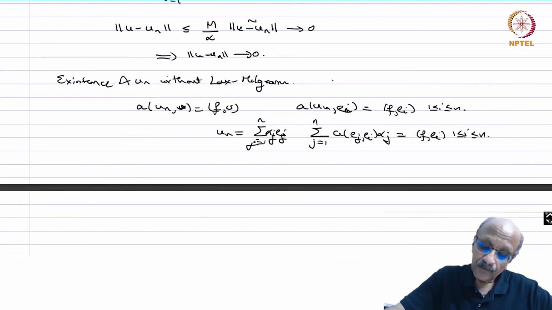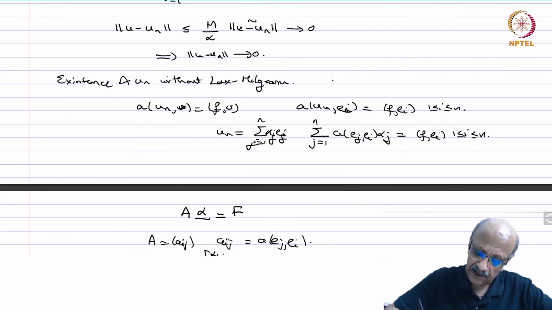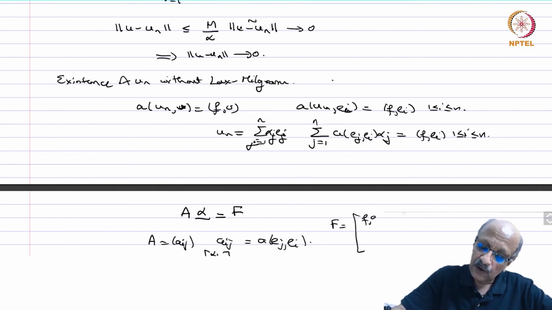And therefore you get a linear system A alpha equals F, where the matrix A equals aij, and aij is nothing but A of ej, ei. Alpha is the unknown vector, alpha 1 to alpha n, and capital F is the given vector, F of e1 to F of en.